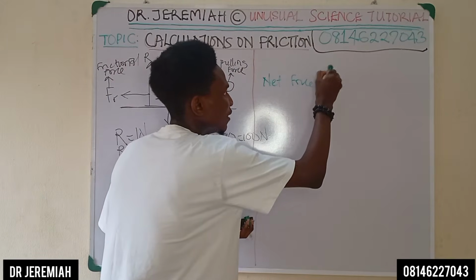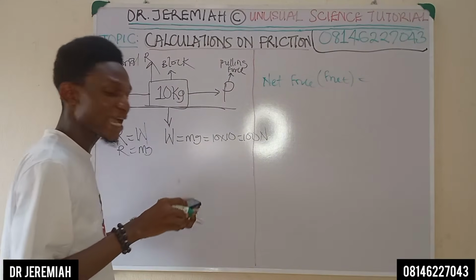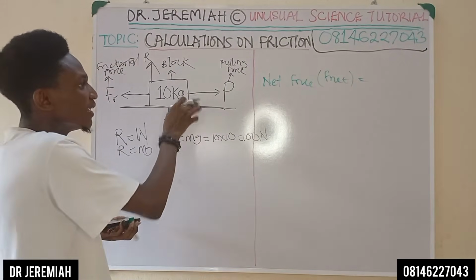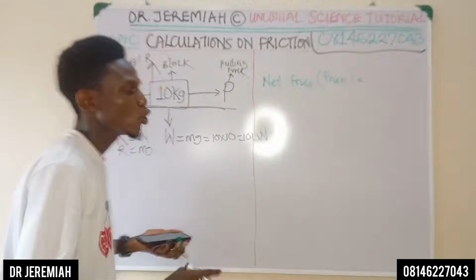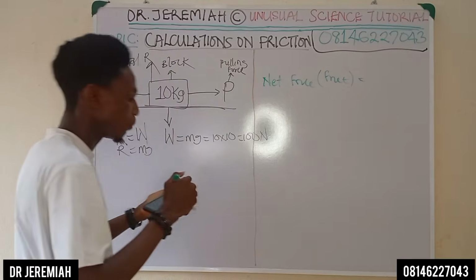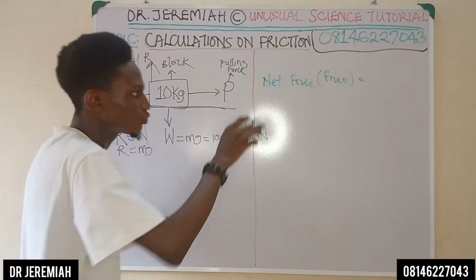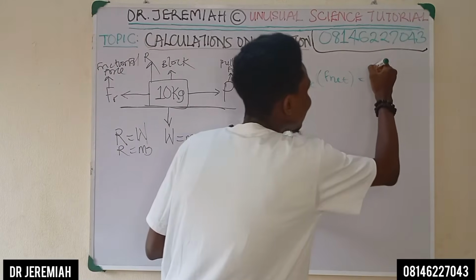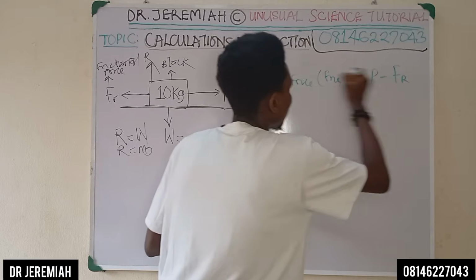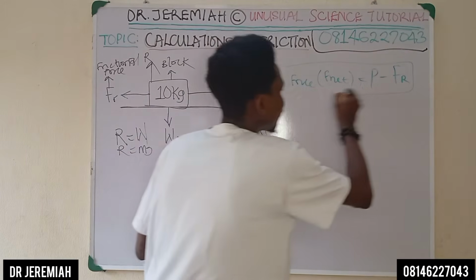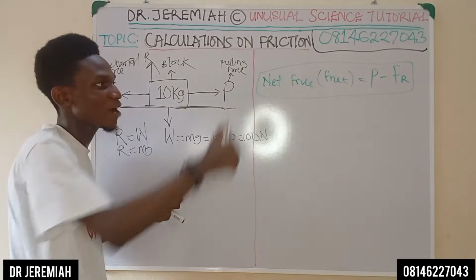F net equals what? In what direction is this body moving? Is it moving in this direction or this direction, or is it static? So if I pull this body along this direction and it moves, I'm going to get P minus FR. This is the formula I'm going to be using to calculate net force anytime, any day. P minus FR.